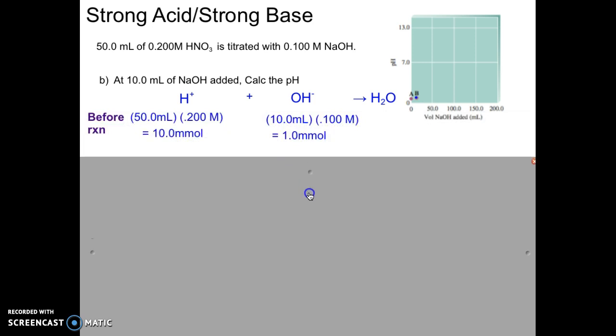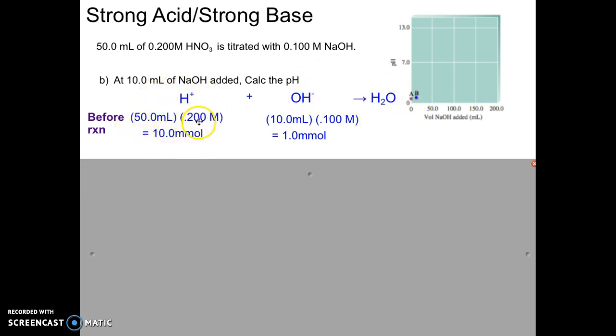But what you need to do is consider how much hydrogen you have before you added the sodium hydroxide, and then once the sodium hydroxide is allowed to react, how much water in essence will be made? How much of this hydrogen will be consumed? So I'm going to take a look at this 50 mils.